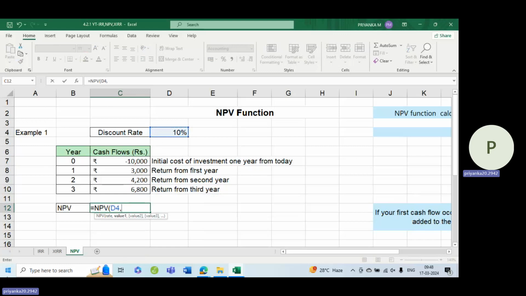The values I'm going to select include your cash outflow and inflow. Now just close the bracket and give enter. So this is the value of your net present value for your investment.